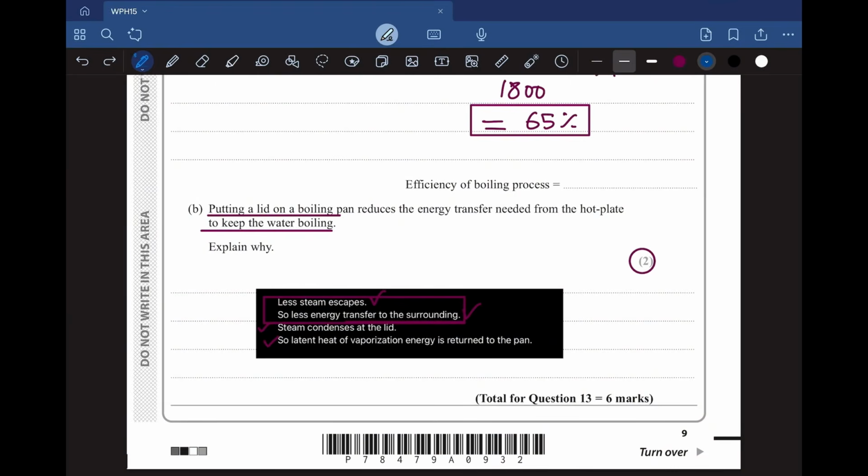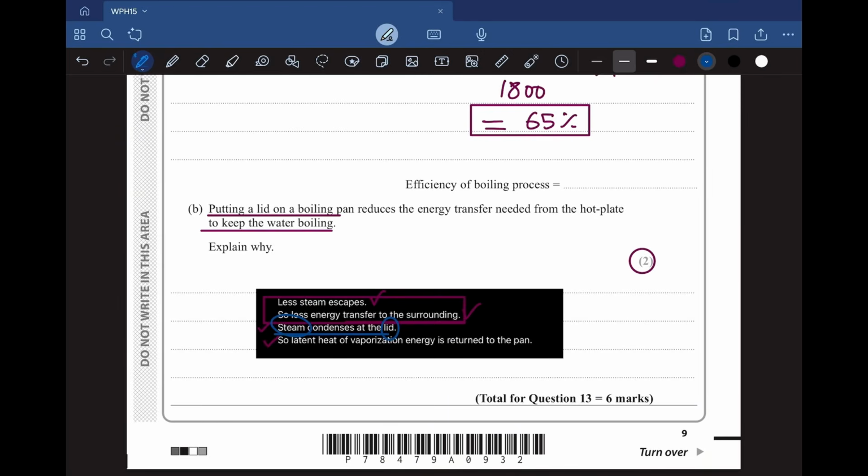So it says steam condenses at the lid. Why does the steam condense at the lid? Because the temperature of the lid is definitely less than the temperature of the steam, right?